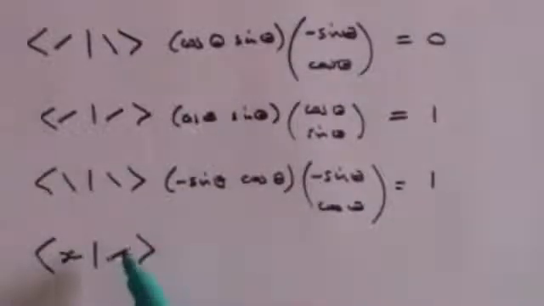Let's now do this inner product. That means we prepare it at an angle theta and we ask, will it go through an X polarizer, in other words, a horizontal polarizer? Now, we've already answered that, because these terms tell you the probability amplitudes of going through the X and the Y polarizers.